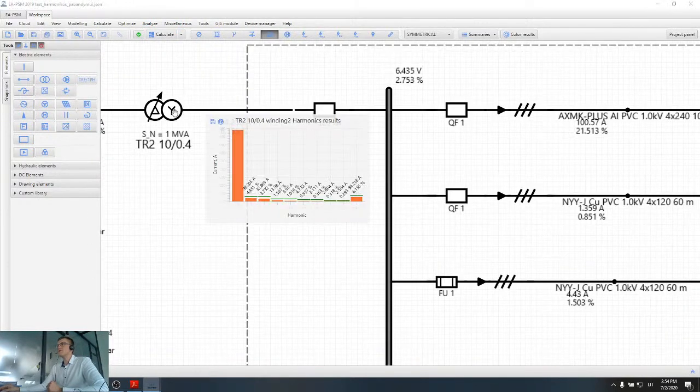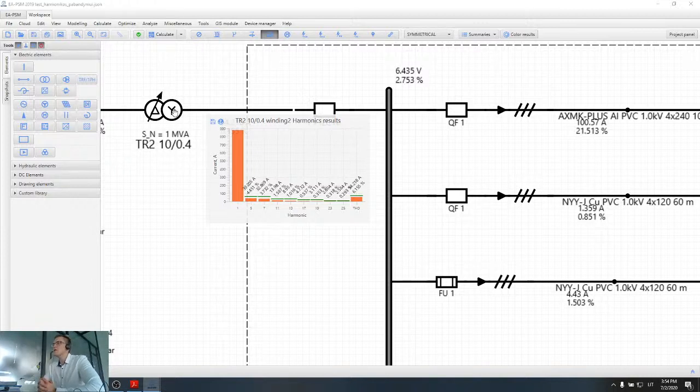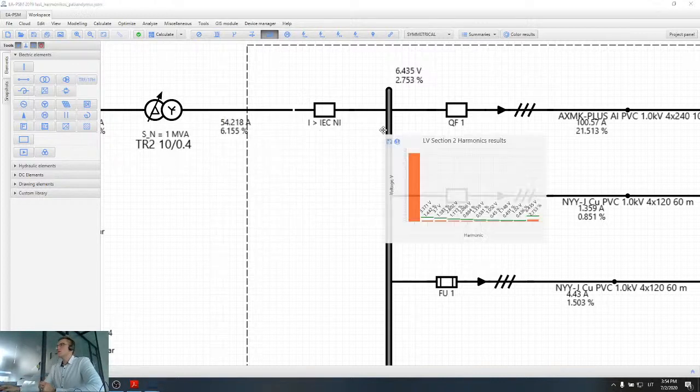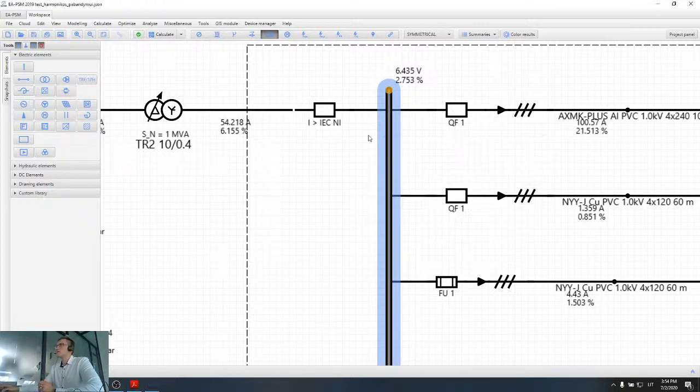So I can see directly that when capacitors are connected, harmonic currents are reduced quite significantly. Basically, none of the current harmonics exceeds the permissible limit. Also, total harmonic distortion is within the limit, as well as our voltage harmonics, which are also all within the limits.